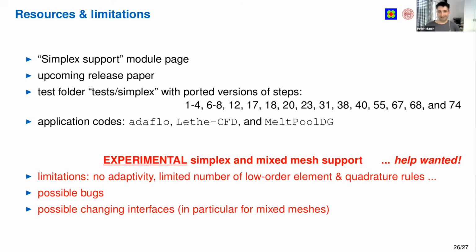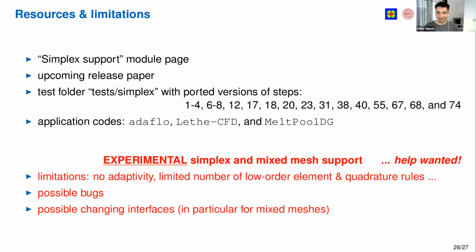There are known limitations: adaptivity is not supported, and we don't have high-order support yet, which might be a problem for some of you. But I hope that for many of you who want to use simplex meshes, these are acceptable limitations for now.